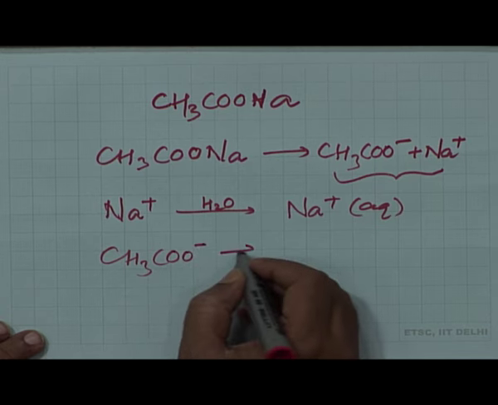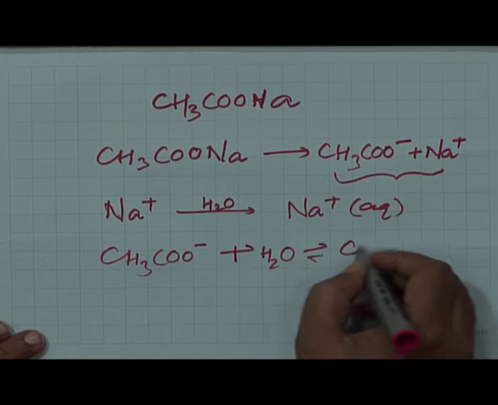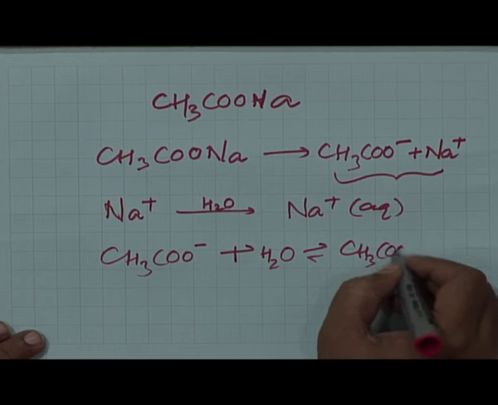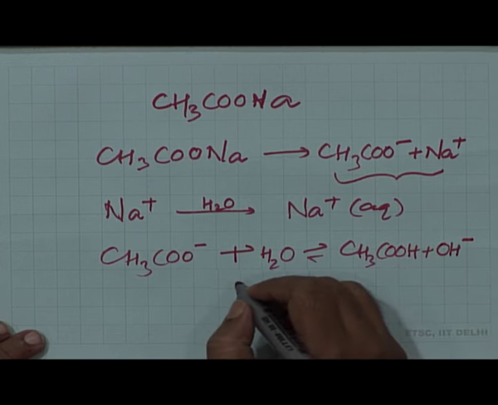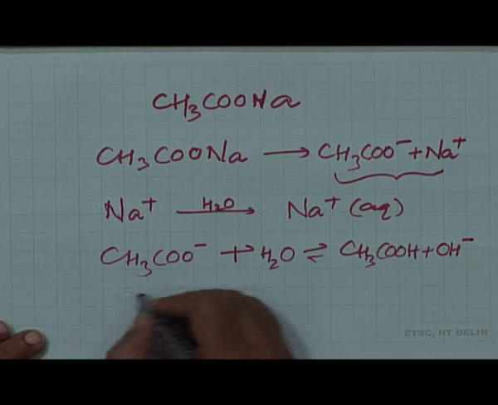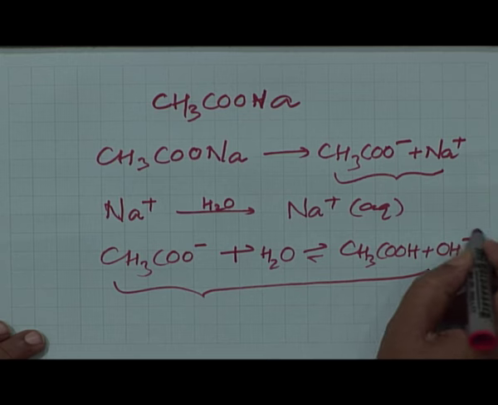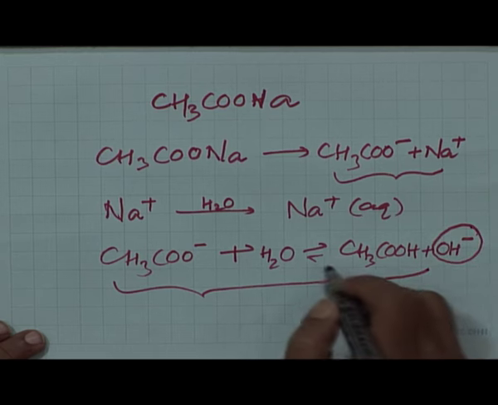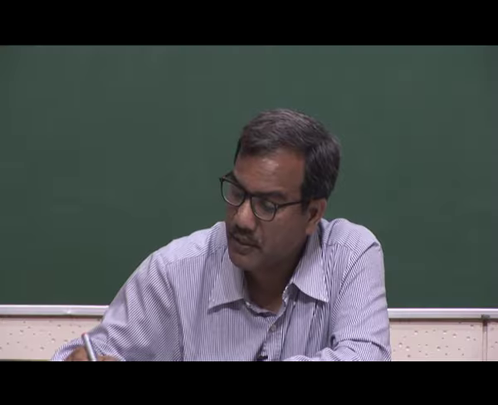Acetate ion plus water will give you CH3COOH plus OH minus. That is what we know. And so, now you can see that in the solution OH minus is generated. So, the solution will be basic.